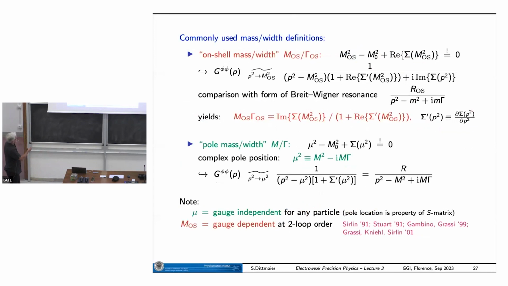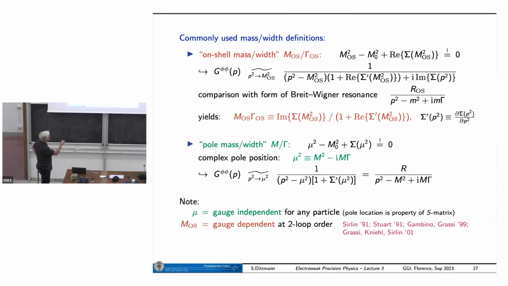So when you plug in the renormalized self-energy in the denominator, you basically get this equation. You still see the P squared minus M squared, which gets modified by this correction here, which looks like a wave function renormalization. What else? You still have the imaginary part, because nothing is done with it.